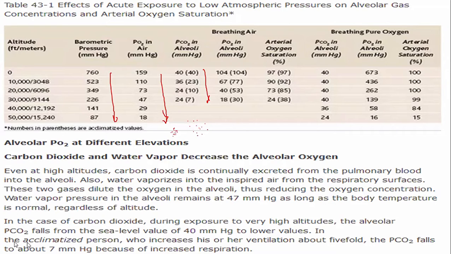Your problem is the agony you will have as you go up because the oxygen is decreasing. Acclimatization is the adaptation changes in your body so that you can survive. In the acclimatized person who increases ventilation about fivefold, the carbon dioxide falls to about 7 millimeters mercury because of increased respiration.